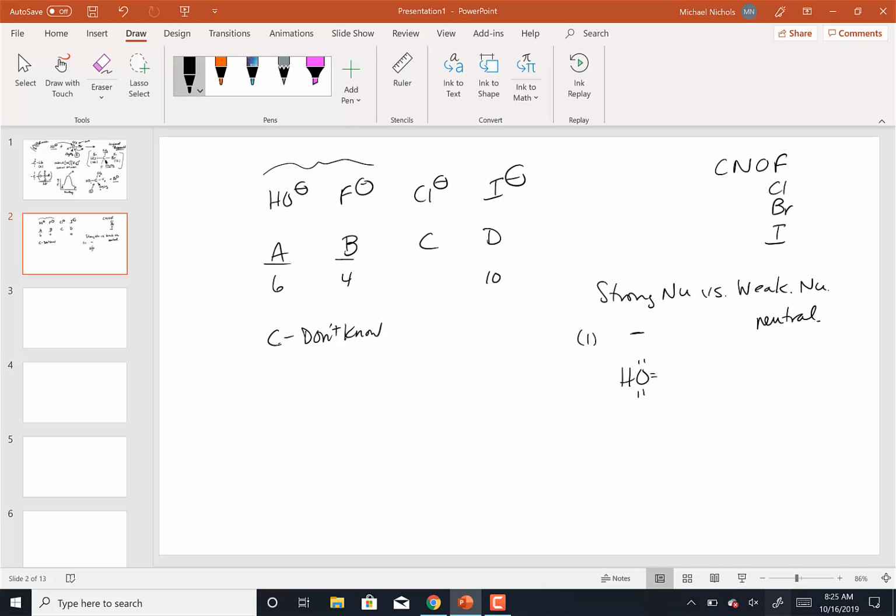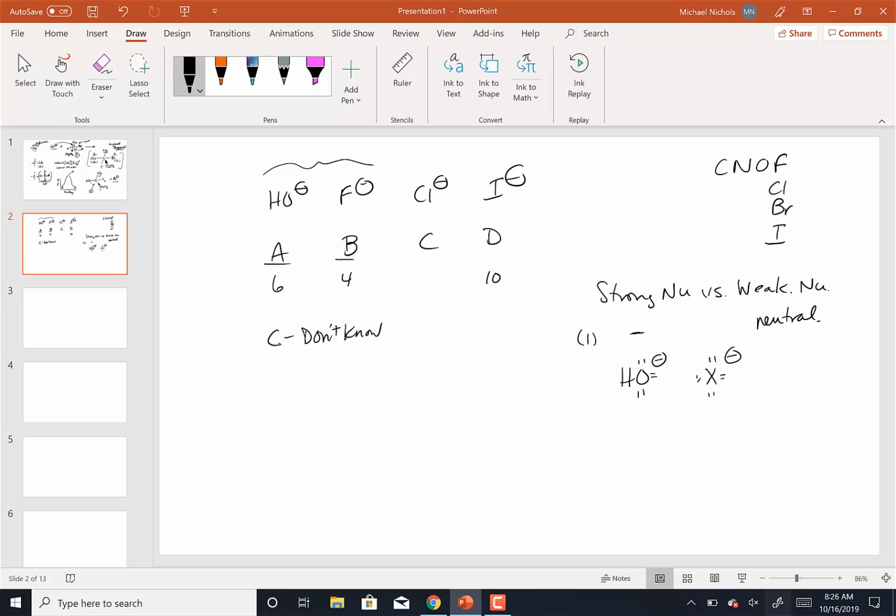Now, the negative charge is a result of having those 3 lone pairs. But your richness is having lone pairs that you can donate to something else. Same thing would be true for a halogen, because a halogen has 4 lone pairs. That gives it a negative charge, but the fact that it has lone pairs makes it electron rich.